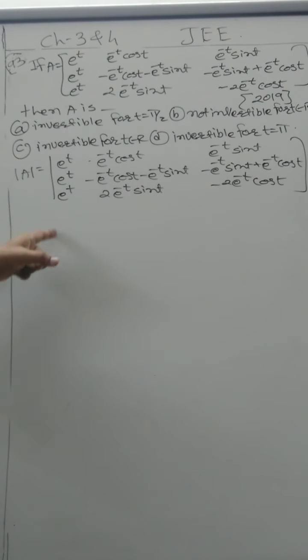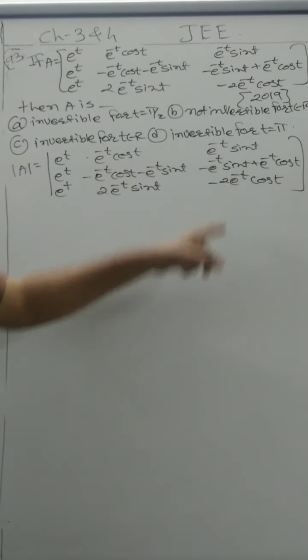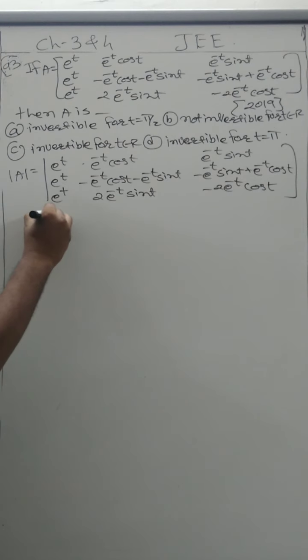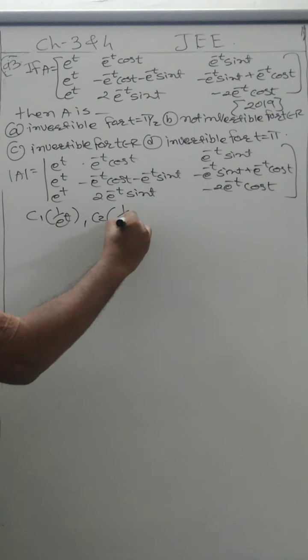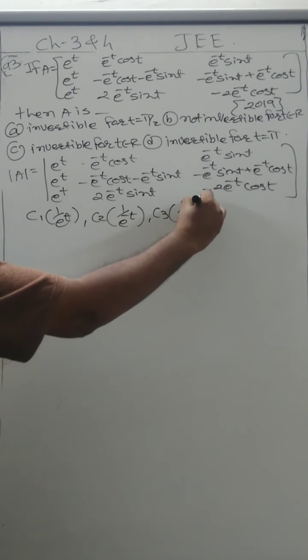Right? So first of all, e raised to t is common from the first column, e raised to minus t is common from the second column, and e raised to minus t is common from the third column. So C1 times 1 upon e raised to t, C2 times 1 upon e raised to minus t, and C3 times 1 upon e raised to minus t.